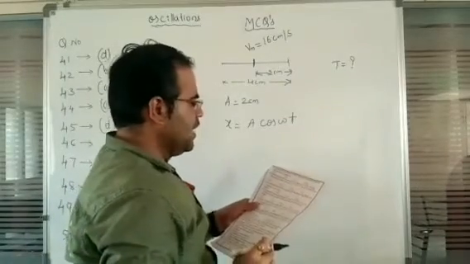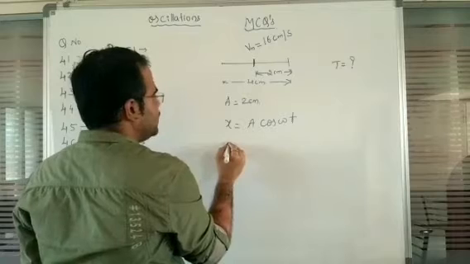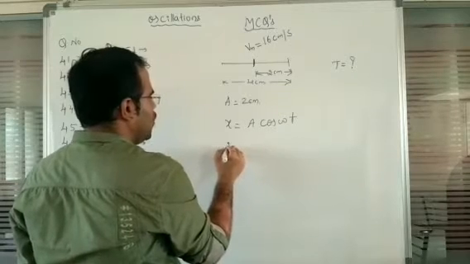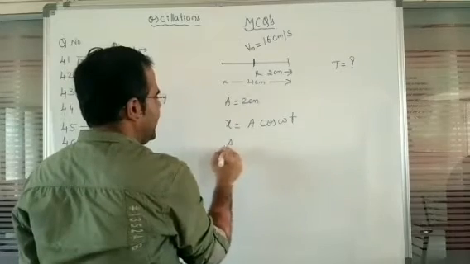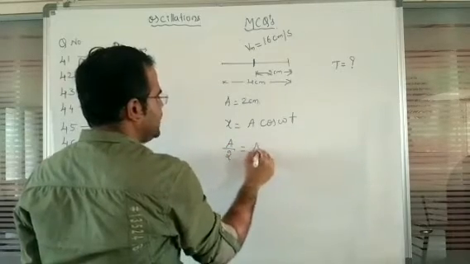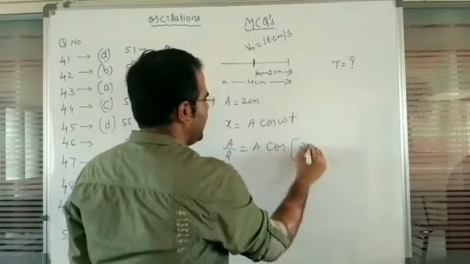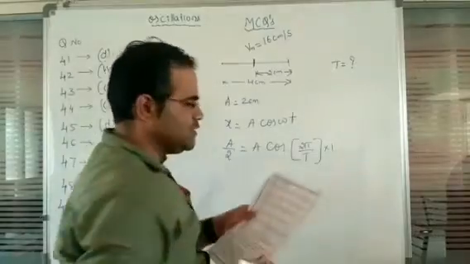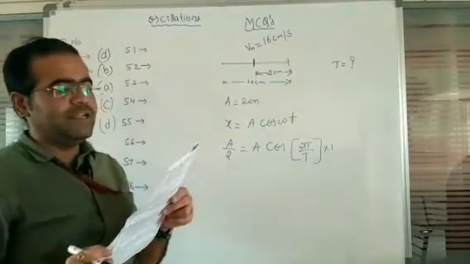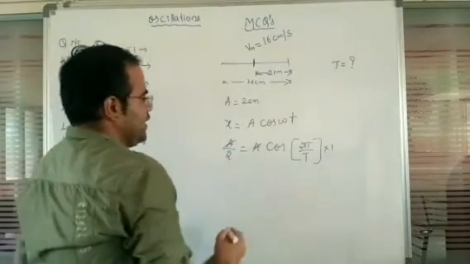In that one, we are going to observe x, in the sense 2 centimeter, or else a divided by 2, is equal to a multiplied by cos of 2 pi divided by capital T into 1, because per second is given. Now here these two will get cancelled.